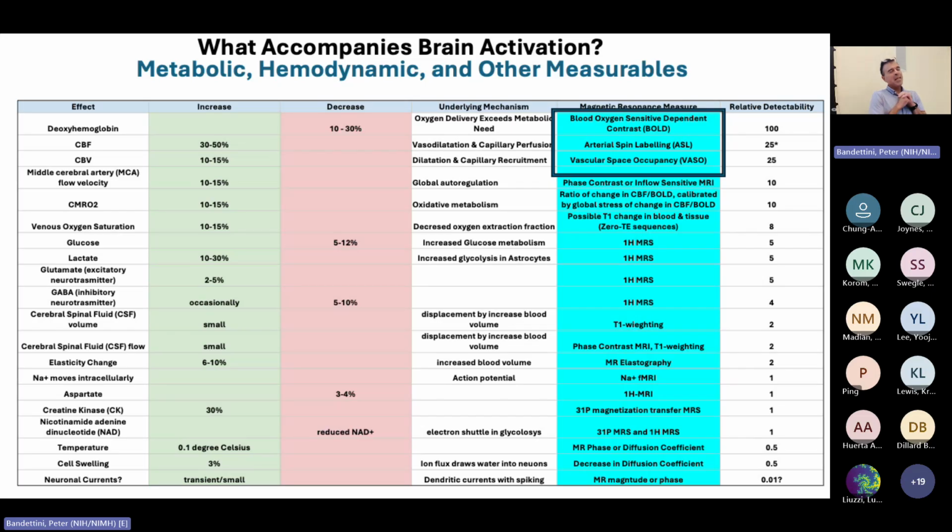So the idea here is that if during activation, neurons swell, then there's more intracellular water, and around the membranes of the neurons on the inside, the diffusion coefficient is a little bit less. So you have a larger fraction of lower diffusion coefficients and spins. So then that basically causes a decrease in diffusion coefficient or an increase in the signal if you're diffusion weighting.